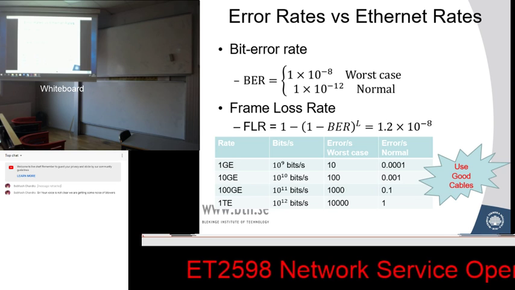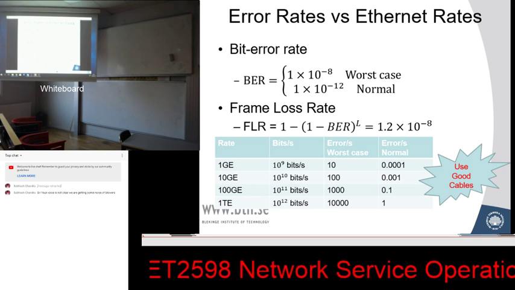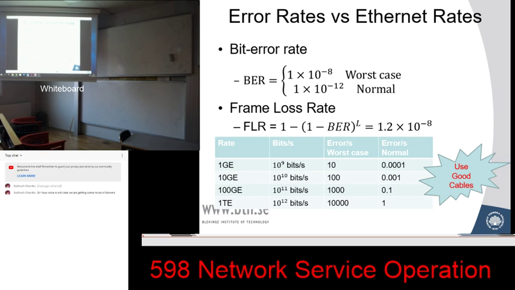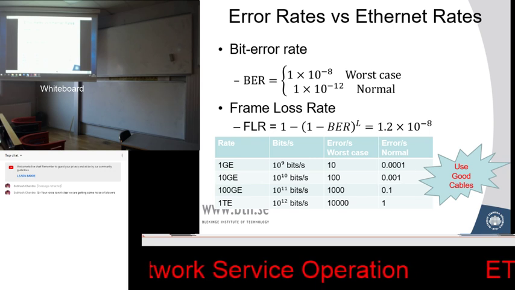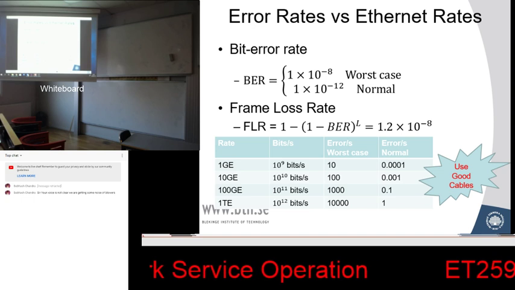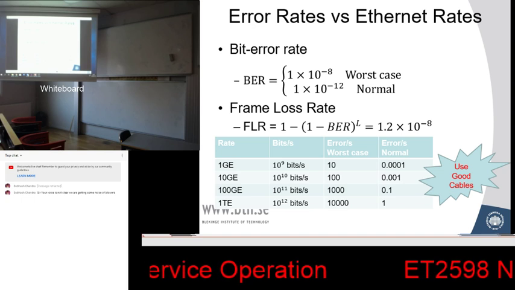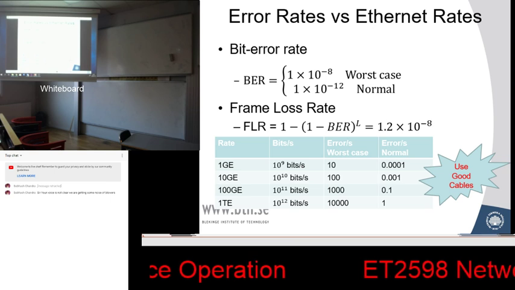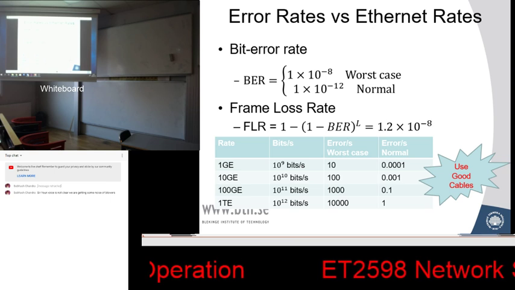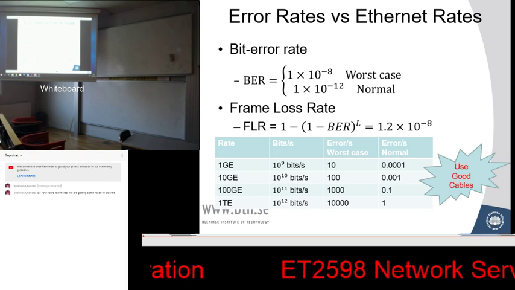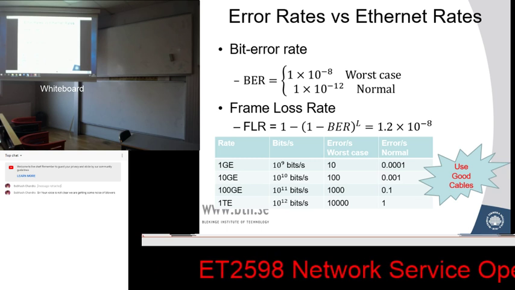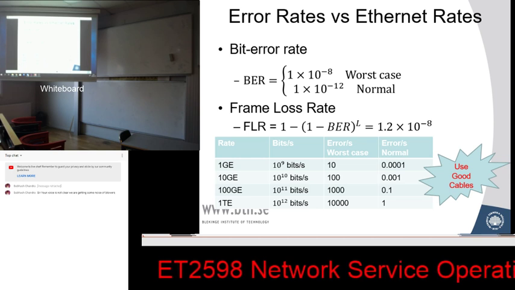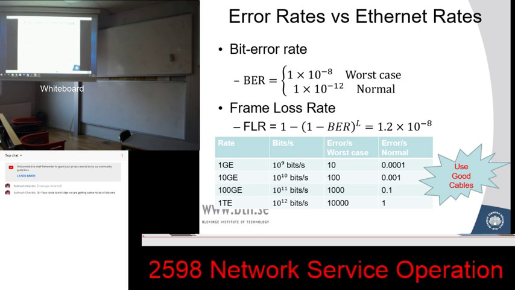Okay, let's speed things up here. So, error rates versus Ethernet rates. Normally we express errors as bit error rate. For example, a bit error rate could be 10 to the power minus 8 or 10 to the power minus 12. That's the probability that there's a bit error every 10 to the power of 8 bits, right? Or 12.